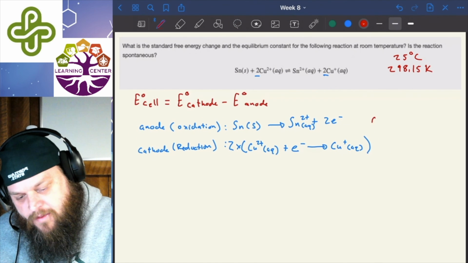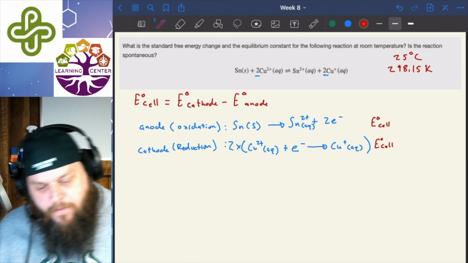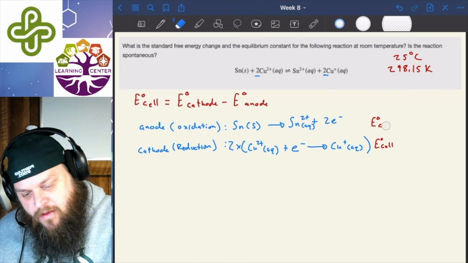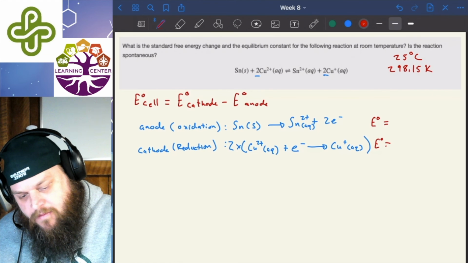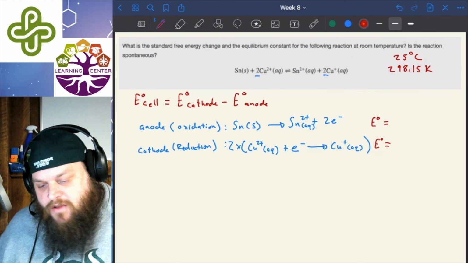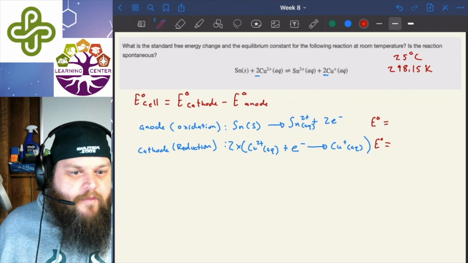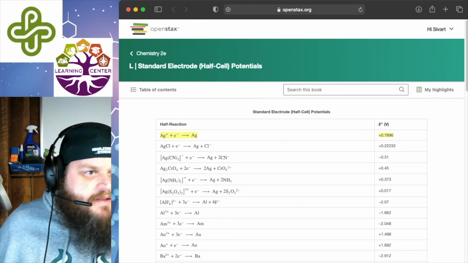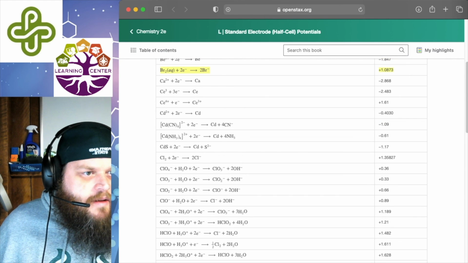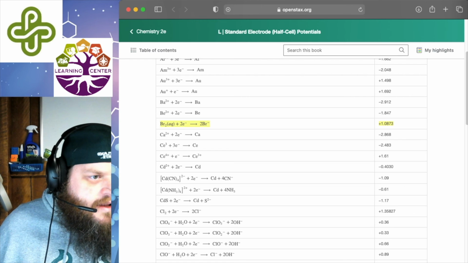And I need to look up now on my table what are, not the cell, what are my voltage potentials of these half reactions? So let's start with that copper reaction, because we're moving alphabetically. Here's my table here in Appendix L, going down B, C. I had it, I lost it.